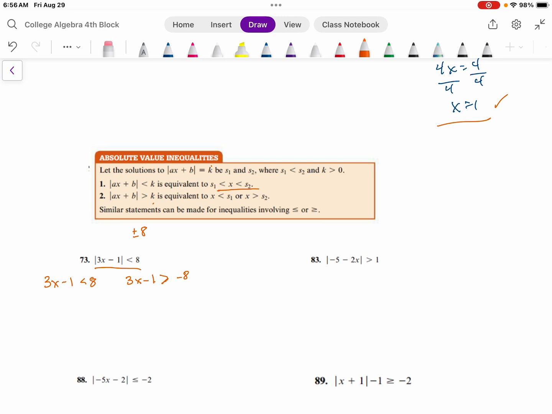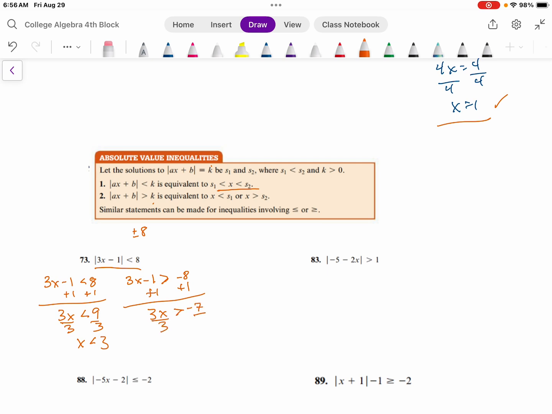And then now, as I go about solving, we add the 1. I get 3x is less than 9, and then divide by 3, and x is less than 3. Here I would add the 1, and 3x is greater than negative 7.